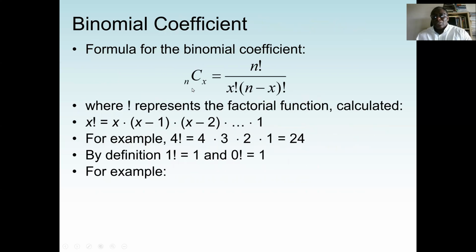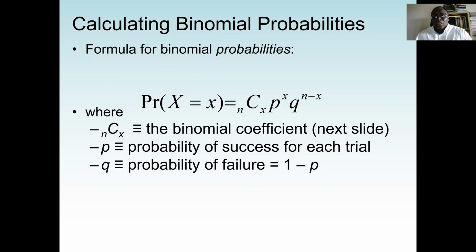So let's start with the example. As we can see in the formula, for the binomial coefficient there's a formula that we have to use to find it, which is n factorial divided by x factorial times n minus x factorial. A factorial of a number means you multiply the number by decreasing numbers until you reach 1. So for example, the factorial of 2 will be 2 times 1.